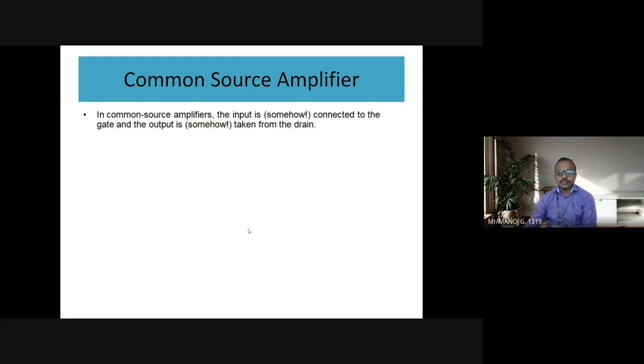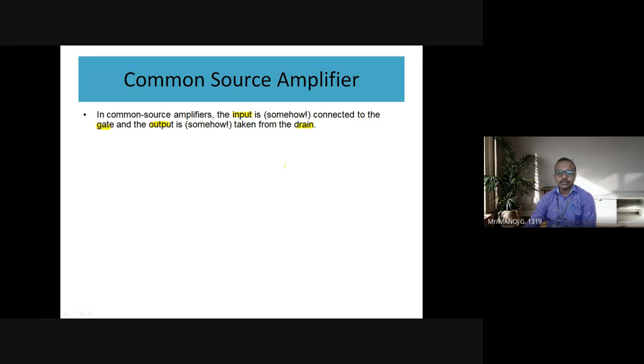Right. So in a common source amplifier, the input is connected to the gate, okay, and output is taken across the drain. Is that clear? The input is connected to the gate, and output is taken from the drain terminal.